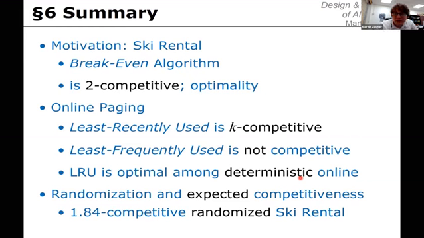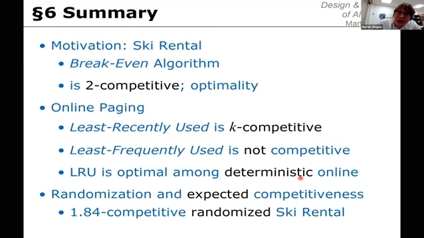If the coin flip comes out heads, it just executes the break-even algorithm. If the coin flip comes out tails, it performs break-even, but with a reduced price, one different way of looking at things: a reduced price of 2/3 times the full cost of making a purchase. And we've shown that this algorithm has a strictly smaller competitive ratio than the deterministic one, namely it is 1.84 competitive.